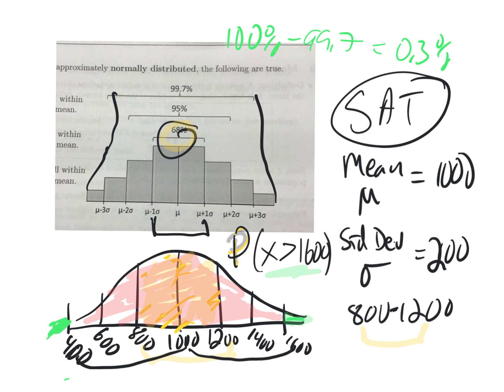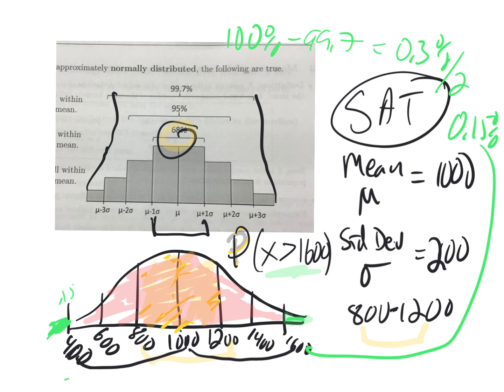But we only want half of it since they're symmetric, so we divide that by 2. That tells me 0.15% of all test takers actually score higher than 1,600. It just doesn't get reported out. And conversely, sadly, 0.15% of test takers score worse than 400. It just doesn't get reported out because it's so low.